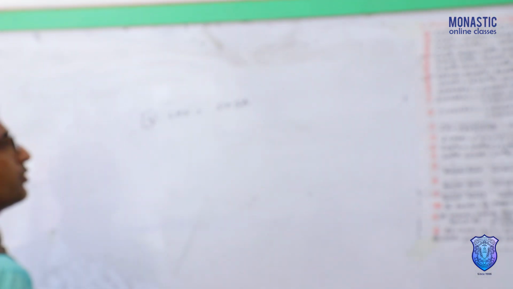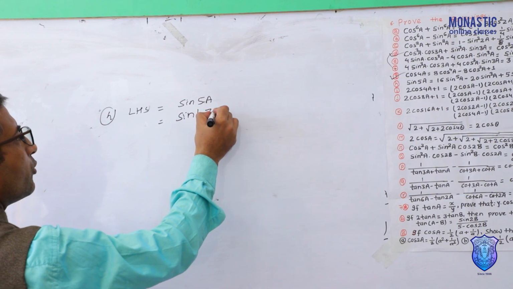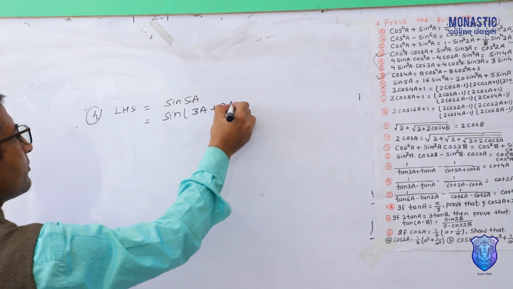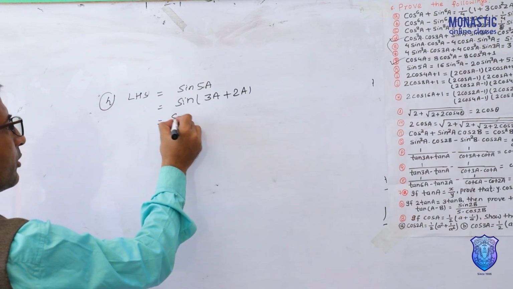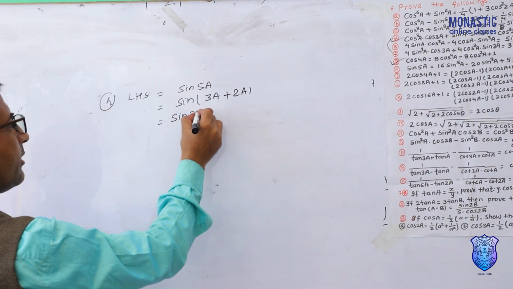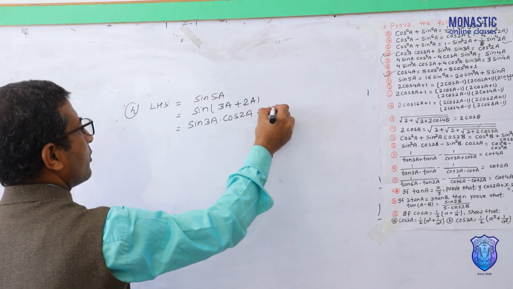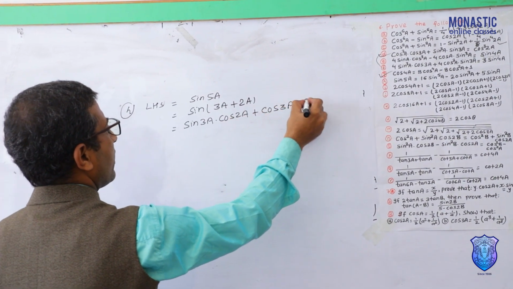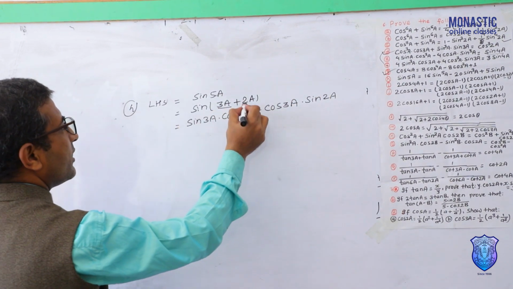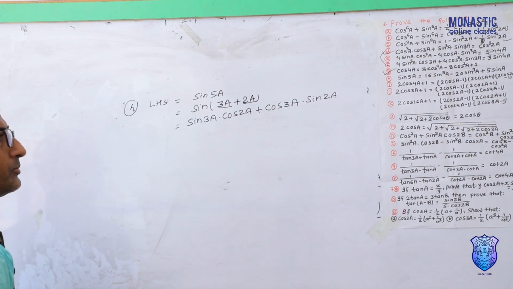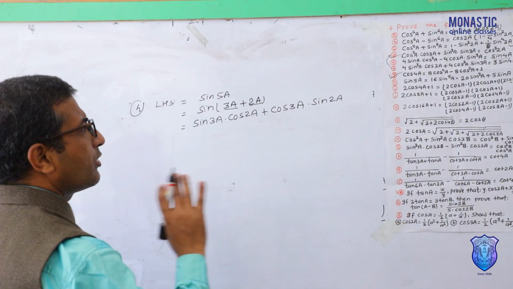We can write 5a as 3a plus 2a, because we have the formula of sine 3a, cos 3a and all. We can write sine a cos b plus cos a sine b, so wherever a it came 3a and wherever b it came 2a. Sine of a plus b formula. Now we have to write the formula.